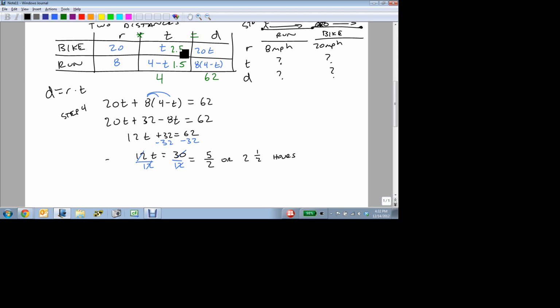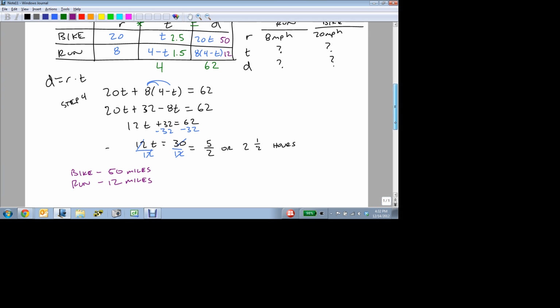So 20 times 2.5 is 50, and 8 times 1.5 is 12. So our distances are 50 miles spent biking, and 12 miles spent running.